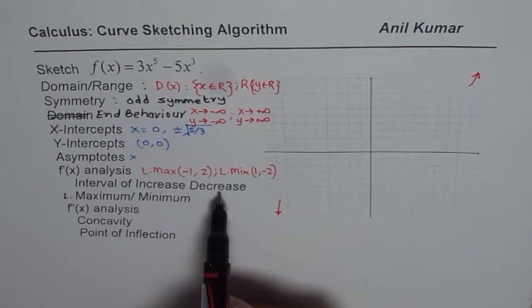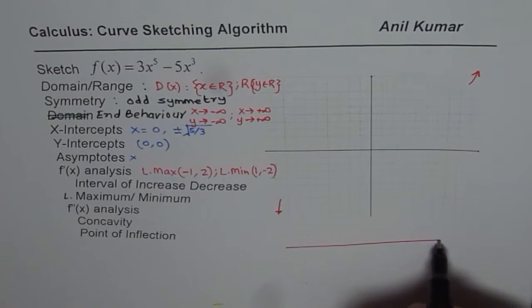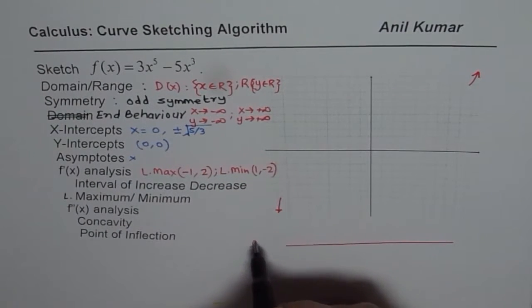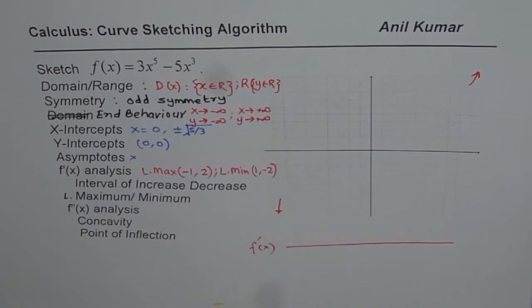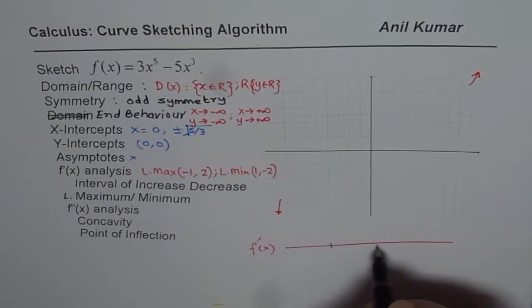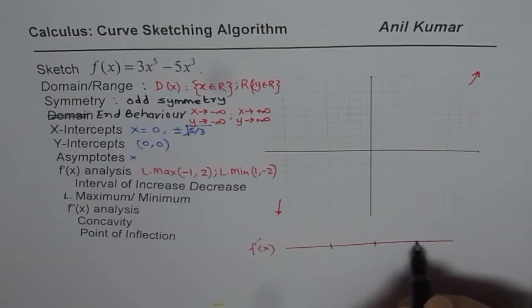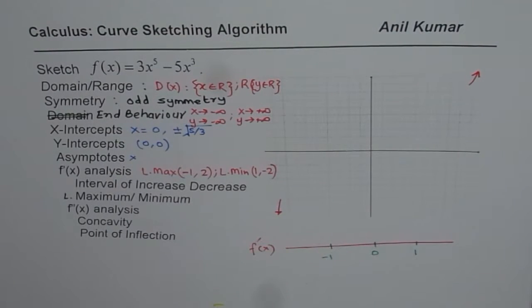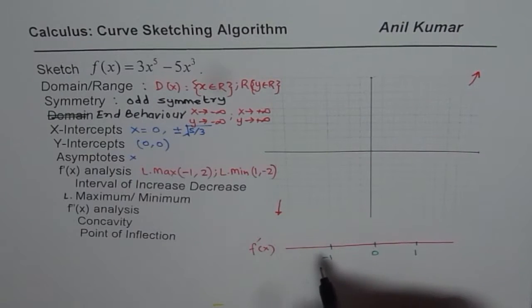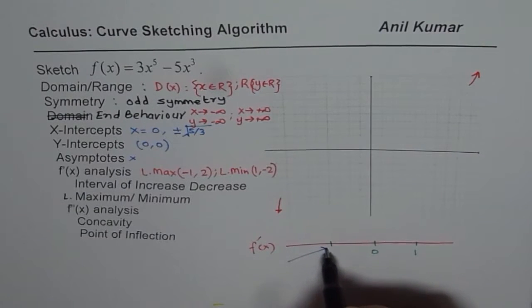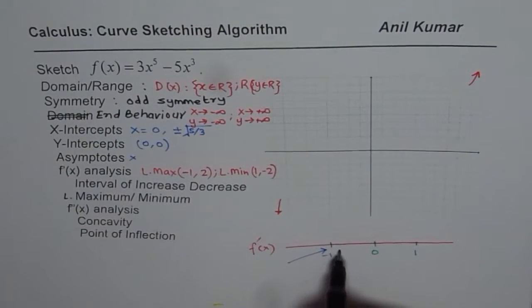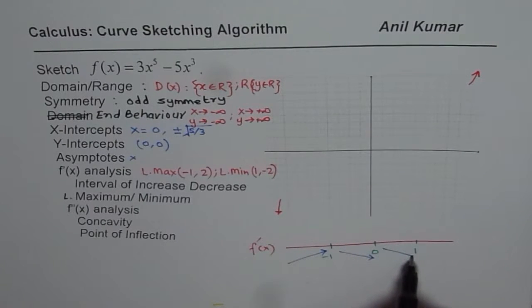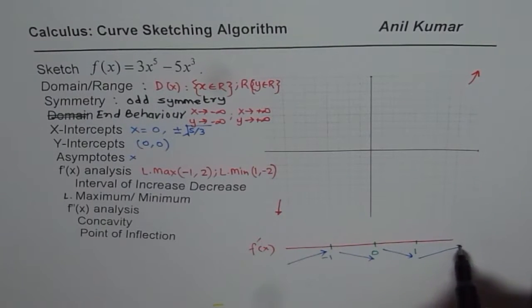Intervals of increasing and decreasing, what we really got for f of x from the first derivative, right? When we analyzed, we found that critical numbers for us were at 0, -1, and +1, and the interval from -infinity to -1 was increasing, then decreasing, decreasing here, increasing there, correct?